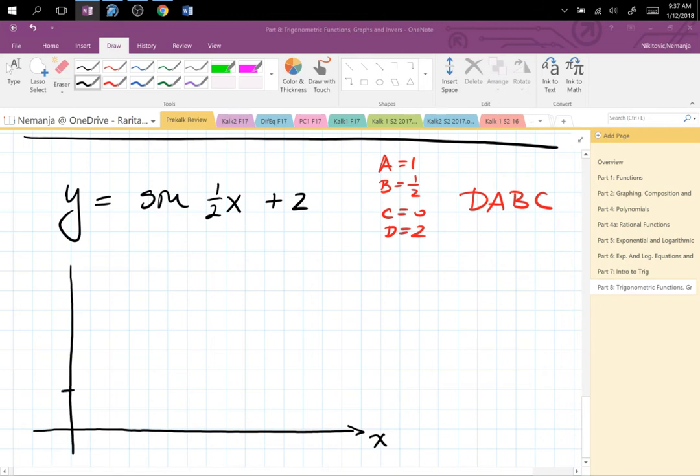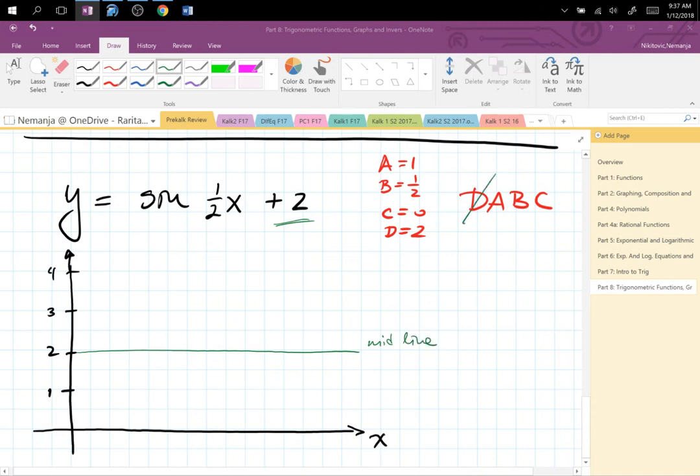Now I'm going to say 1, 2, 3, 4 on the y-axis and start with our D, which was green earlier, right? So that's this plus 2. So my midline is at 2.